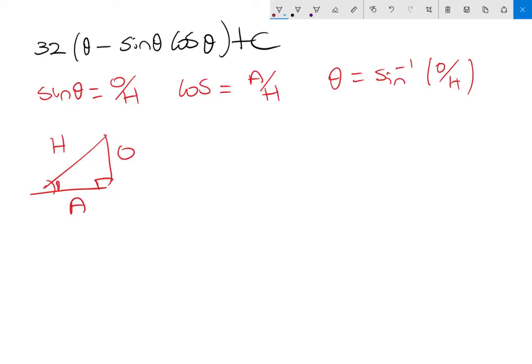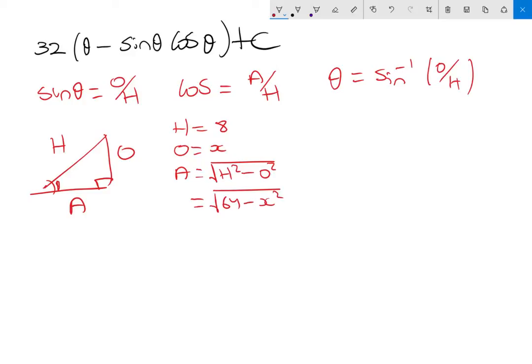Now, we know that the hypotenuse is equal to 8, from earlier, and the opposite is just equal to x, and the adjacent is just equal to the square root of hypotenuse squared minus opposite squared, which in this case will be the square root of 64 minus x squared, because 8 squared is 64.